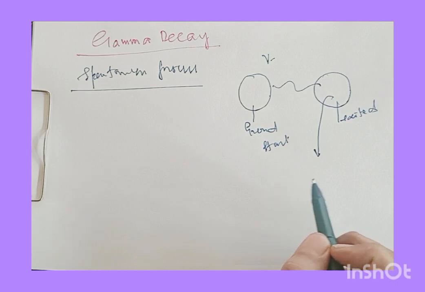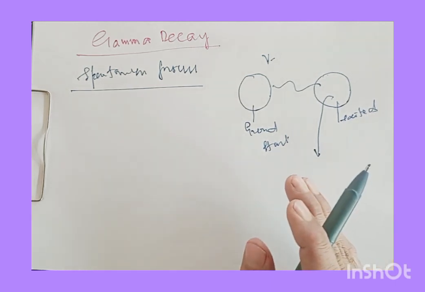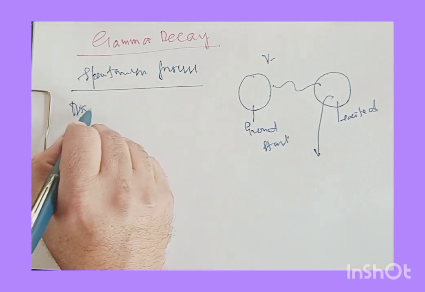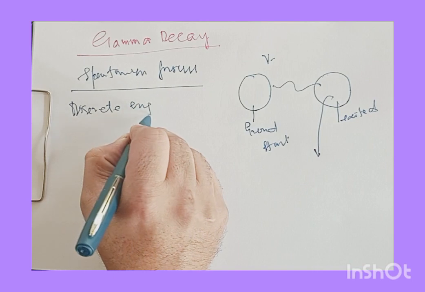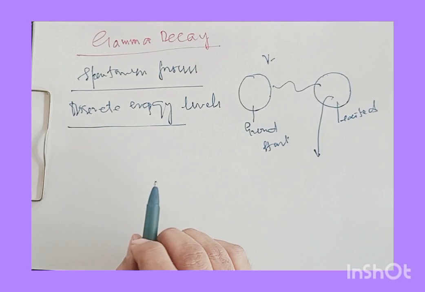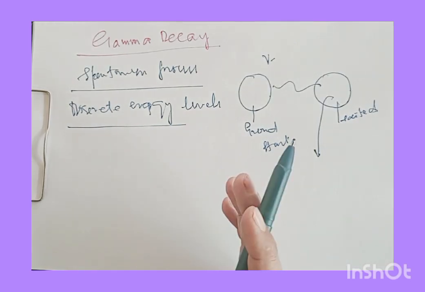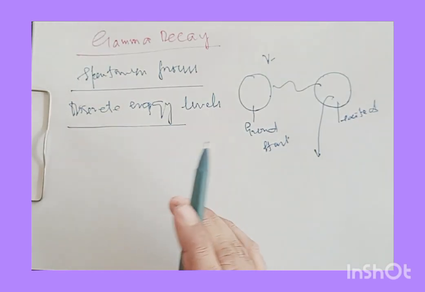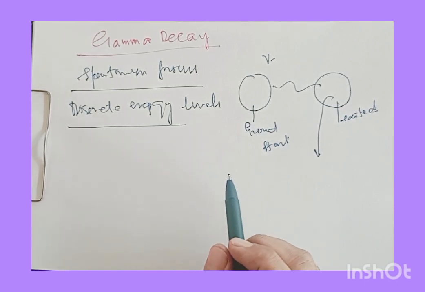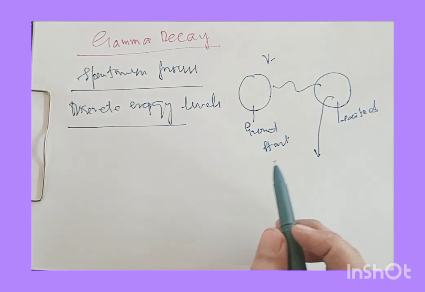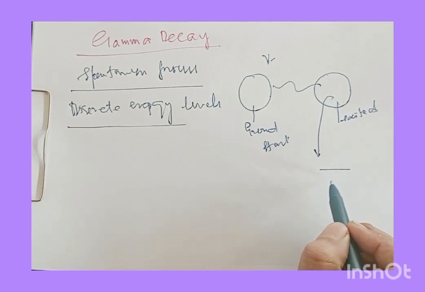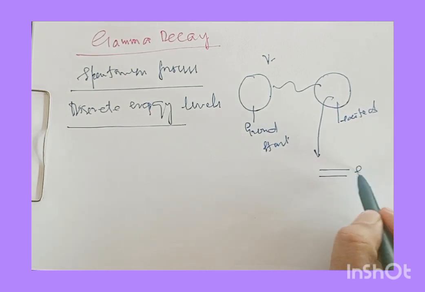Now, we can think of a nucleus having discrete energy levels. As we have discrete energy levels in an atom, the difference is that in the case of an atom, the energy level difference will be small and of the order of electron volts.